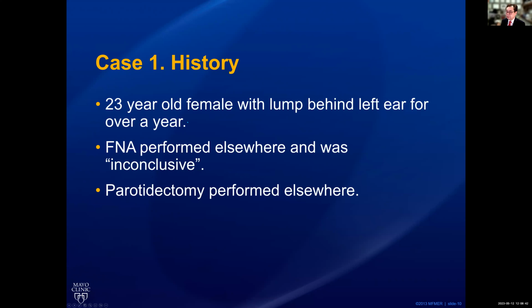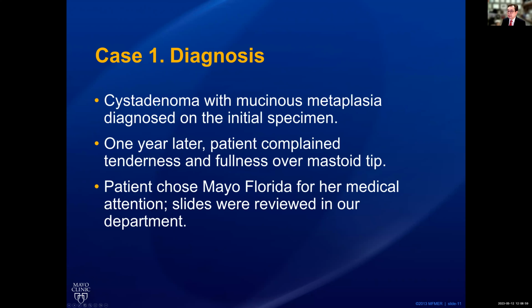So with that general information, we're going to go through cases, using the cases as a base for the topic. The first one is a 23-year-old female with a bump behind the left ear for over a year. Fine needle aspiration was not very helpful, and then resection was performed. Cystic adenoma with mucinous metaplasia was diagnosed in the initial specimen.